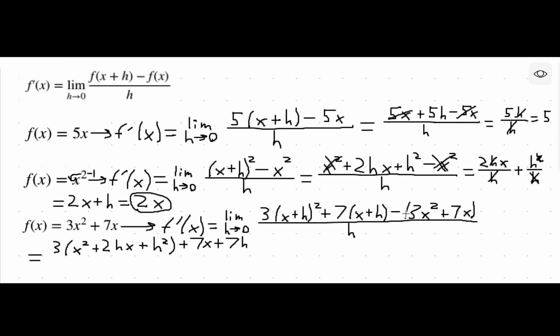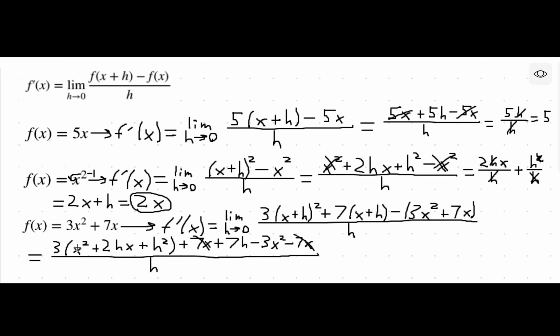So I have a plus 7x plus 7h. And now if I look at the last term here, I have minus the quantity of 3x squared plus 7x. So I can just distribute the minus sign. So I end up with a minus 3x squared minus 7x. And now, if I look at the numerator, the plus 7x and the minus 7x cancel out. And I can look at the first term here and distribute the 3.